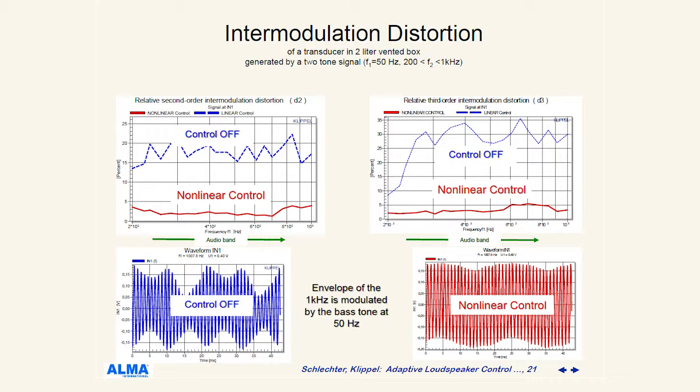You can also see it in the time signals. Here a bass tone of 50 Hz is intermodulated with a 1 kHz tone, and if you apply nonlinear control, it's much more stable, and you don't have those intermodulations as you see here.